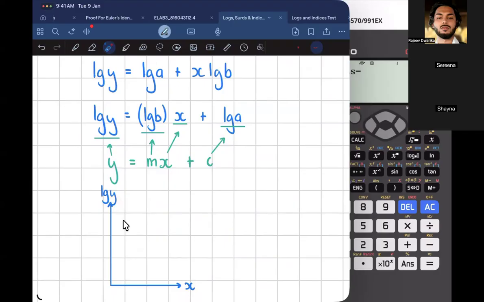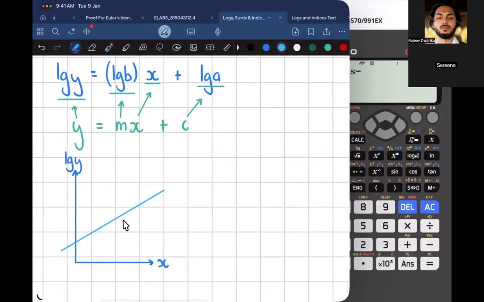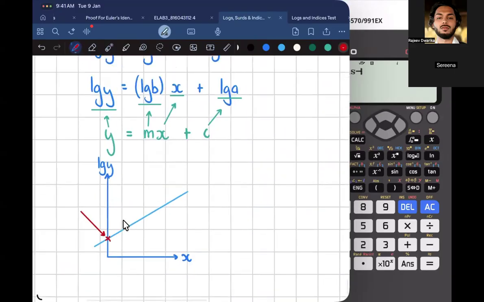So let me show you what I'm talking about. Let me do a sketch of the graph. You see this over here? That's the y-intercept, right? And that would be equal to log a, so c would be equal to log a.